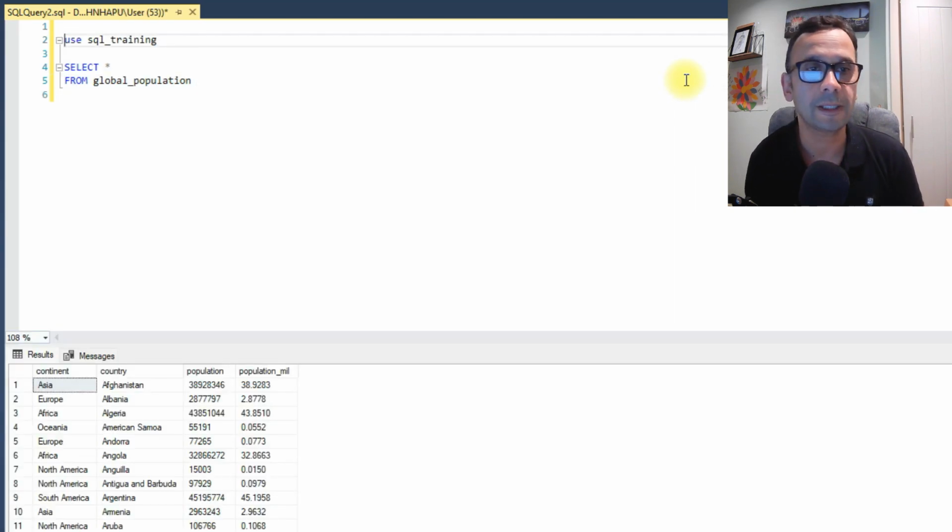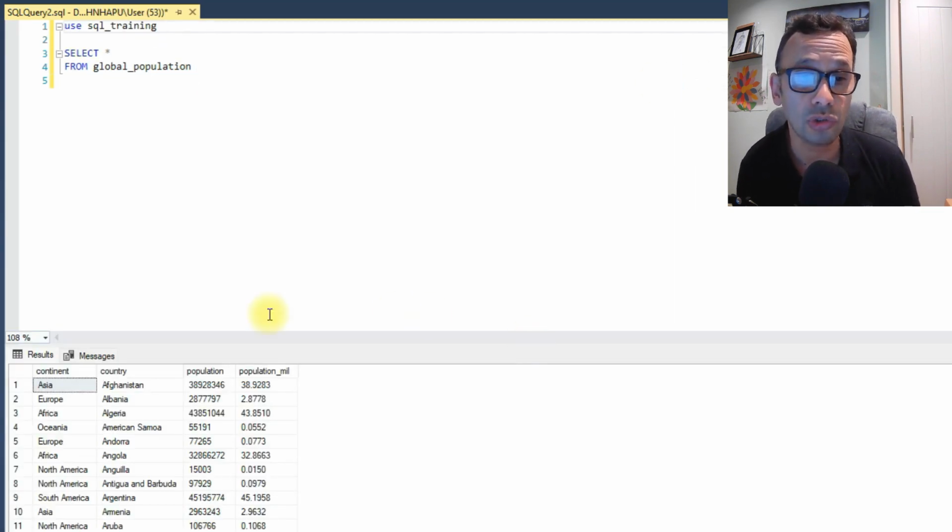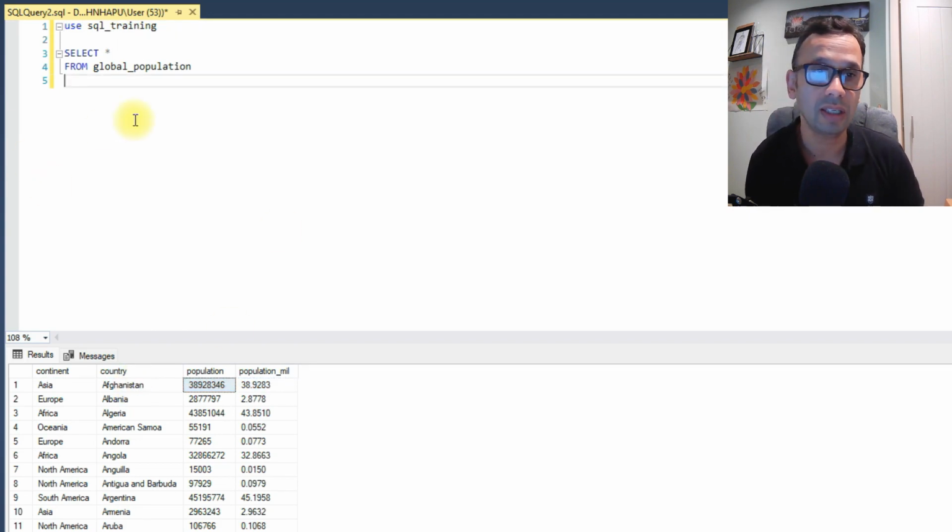What this is, it's a list of all the countries in the world, the continent that country is in, the population, and then the population mil column is that same number but divided by 1,000,000, so it's just easier to work with. So this one, for example, Afghanistan is in the continent of Asia. The population is 38.9283 million.